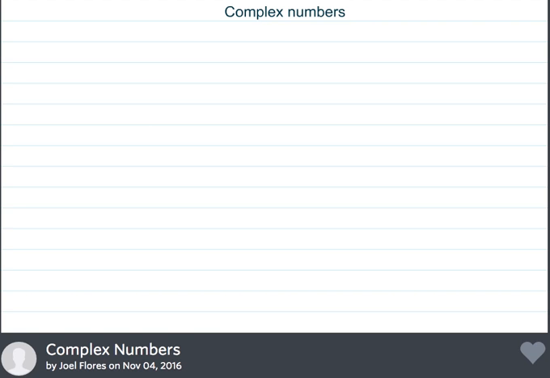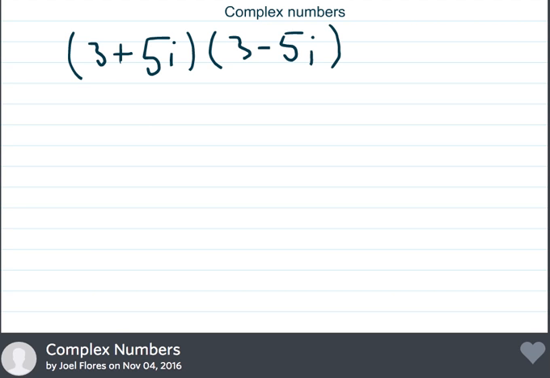Multiplication of complex numbers. So, just like the last problem, we'll use FOIL. 3 times 3 is 9. 3 times minus 5i is minus 15i. And then we'll do 5i times 3.